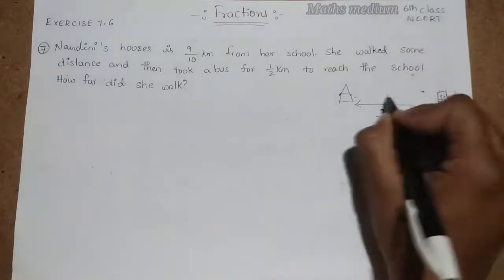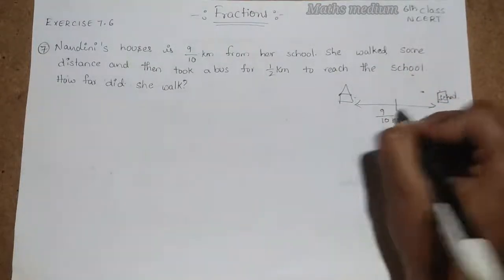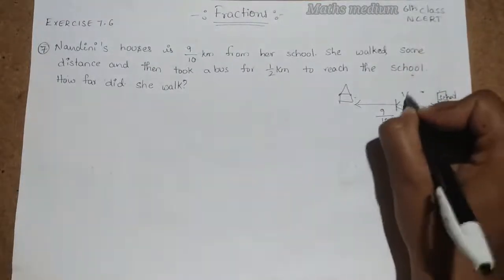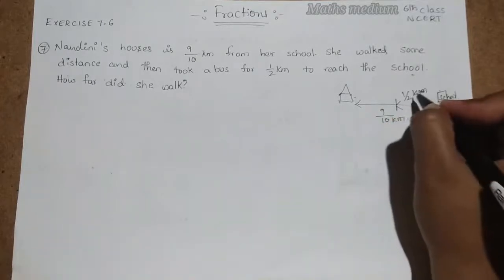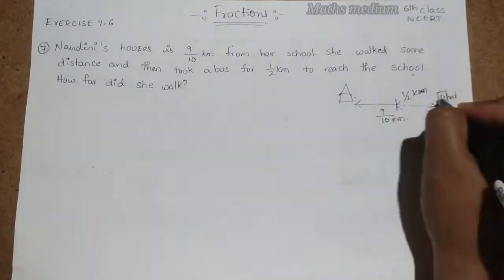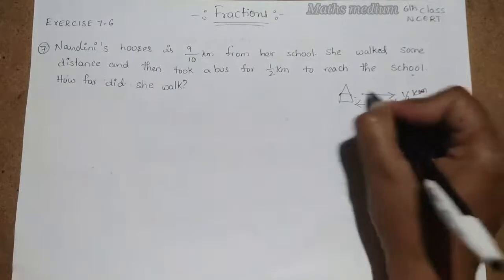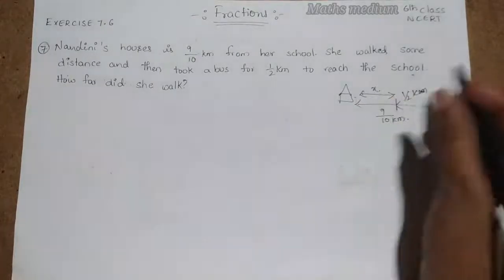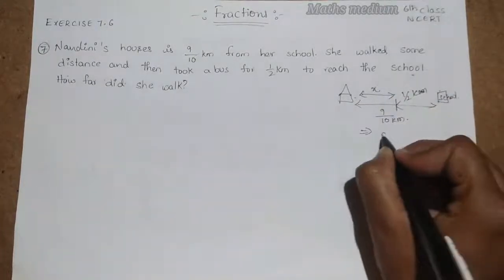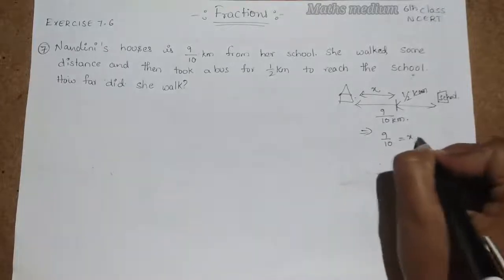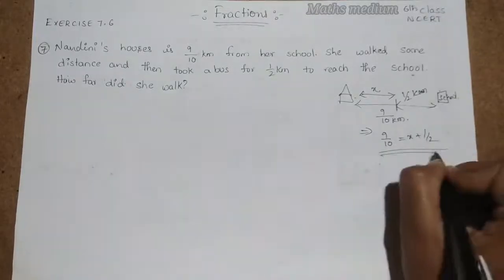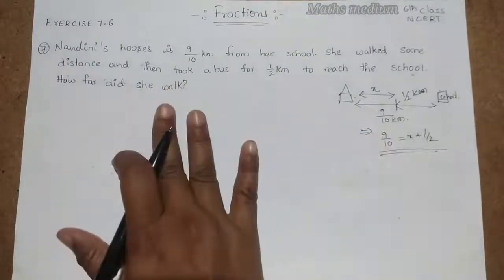So from the midpoint, this is 1 by 2 kilometers. Let the distance she walked be x. In order to find x, we have 9 by 10 equal to x plus 1 by 2. By solving this equation, we can get the answer easily.